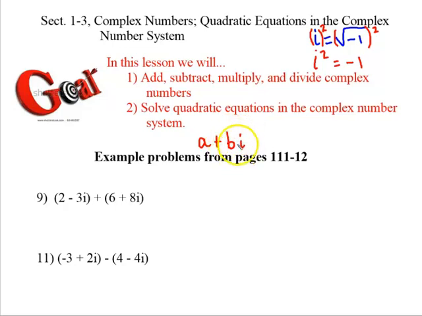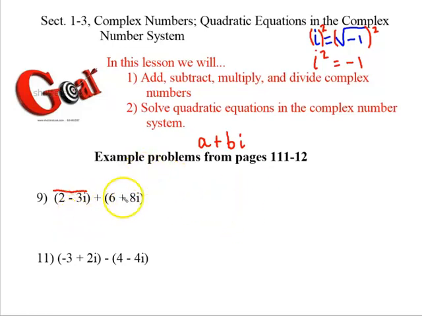And it is important that they're written in this order. So anytime you're writing a complex number, notice they're always written with real number first, followed by plus or minus the imaginary. Same thing here, real, and then plus or minus the imaginary.